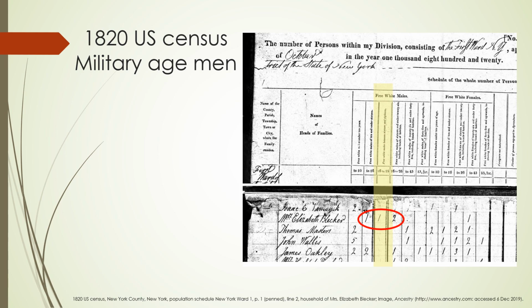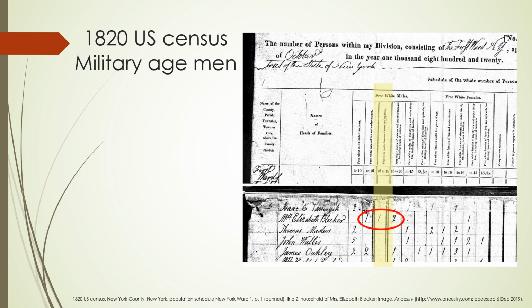So here's another hint. If you look at this census, the columns that are circled are the white males of 10 and under 16, from 16 to 18, and from 16 to 25.